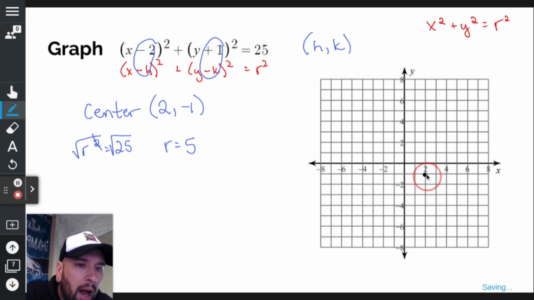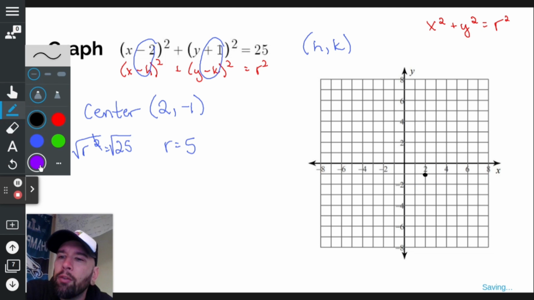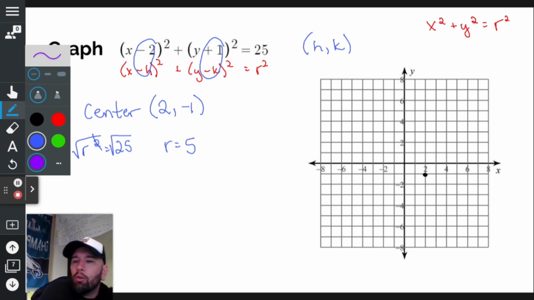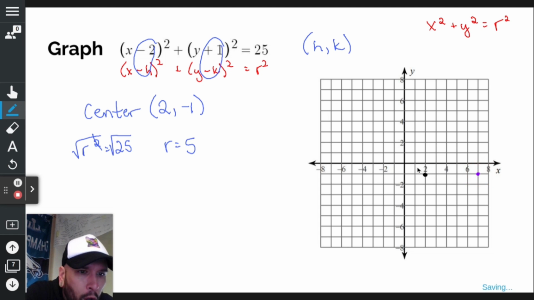Put a dot here. I'm not great at drawing with this pen and tablet, so the best way for me to draw this is, since I know my radius is 5, I'm going to go right 1, 2, 3, 4, 5, put a dot. Go up 1, 2, 3, 4, 5, put a dot. Go left 1, 2, 3, 4, 5, put a dot. Go down 1, 2, 3, 4, 5, put a dot.